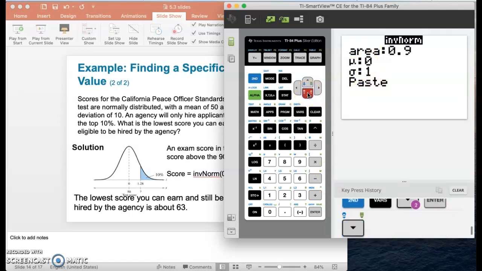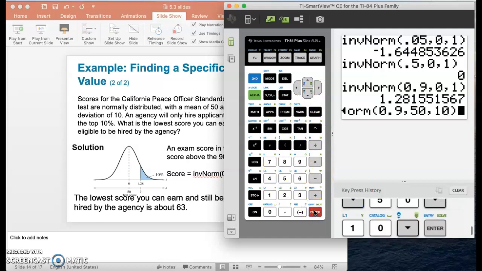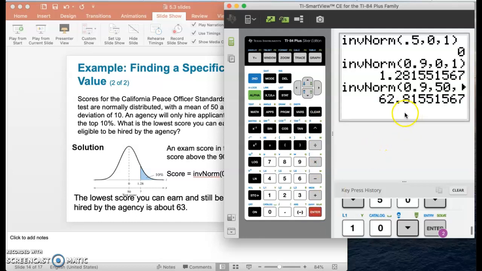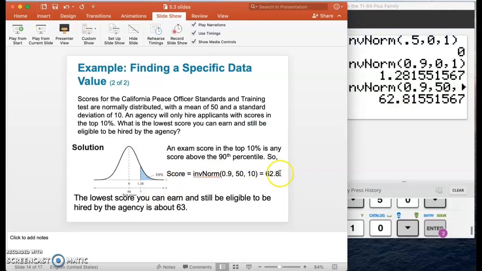Now we have a mean of 50, and the standard deviation is 10. So I'm inputting 10, then I'm going to arrow down to paste, select enter, and then select enter again. And you can see that the lowest score you can earn and still be eligible to be hired by the agency is about 63. That's the data value that corresponds to 90% of its area to its left.